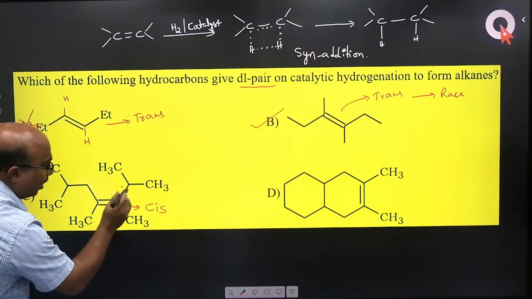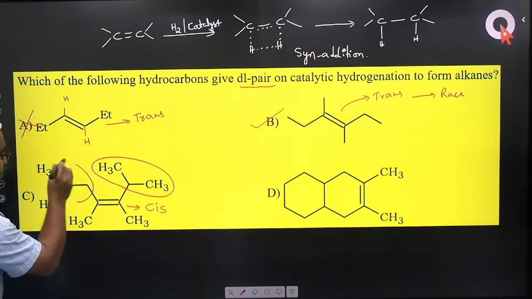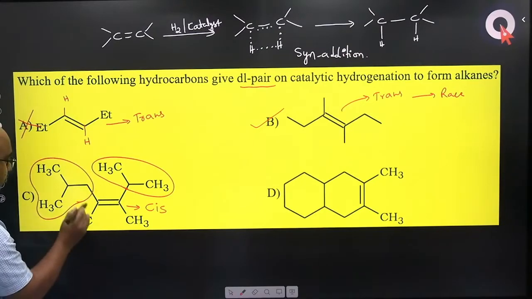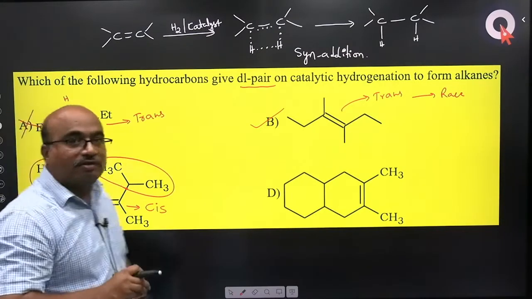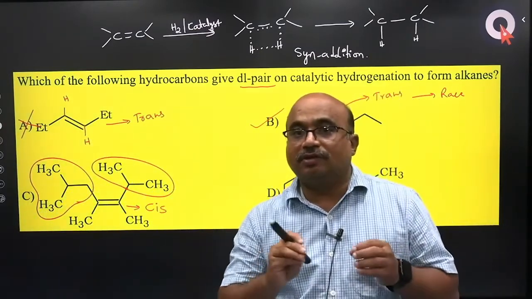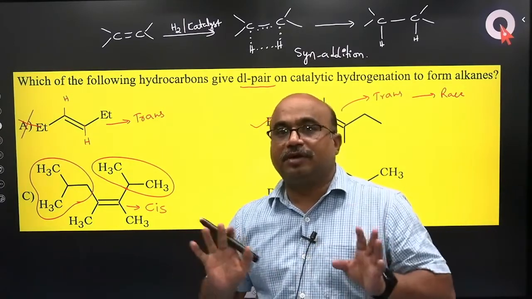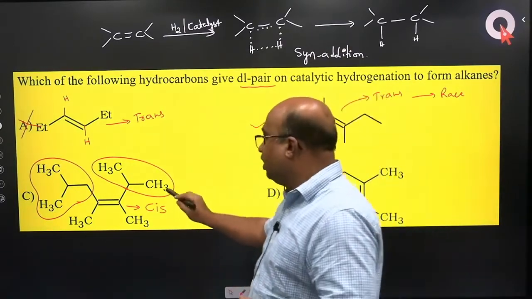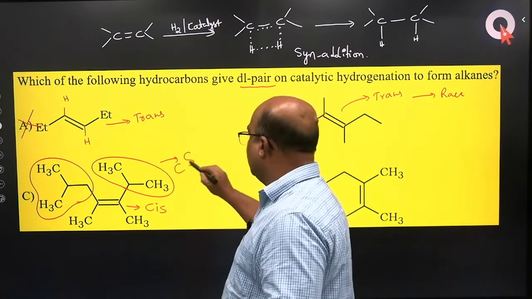This is an isopropyl group, and here it is like an isobutyl group. So only if the complete groups are the same can we use that abbreviation as CARCSM. But in this case, you will even get a cis compound on syn addition.